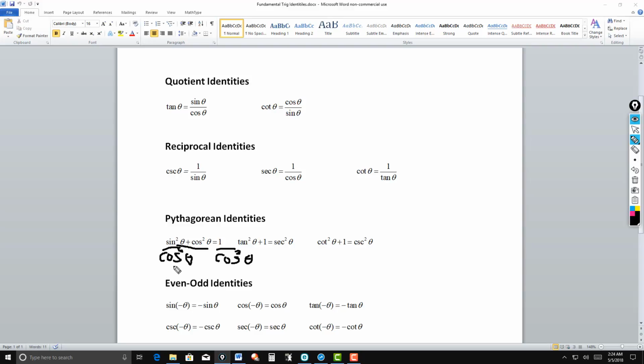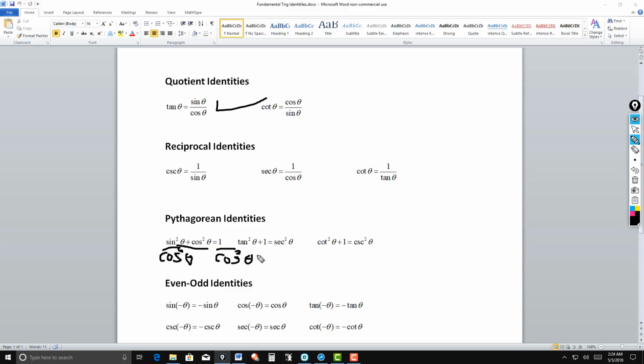But sine theta over cosine theta, by that first identity over here, is tangent theta. Okay, so this becomes tangent squared theta. And of course, cosine squared theta divided by cosine squared theta is 1.